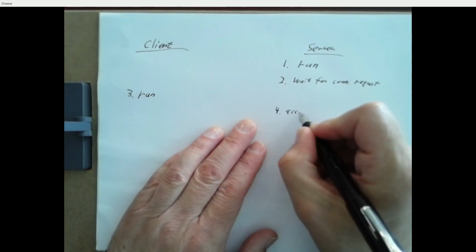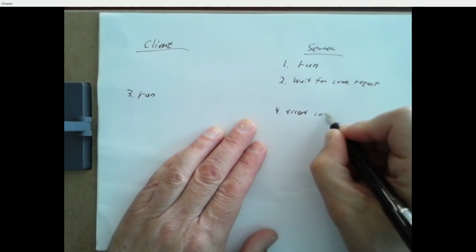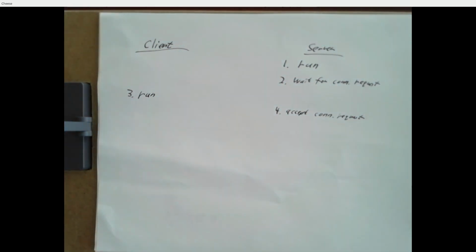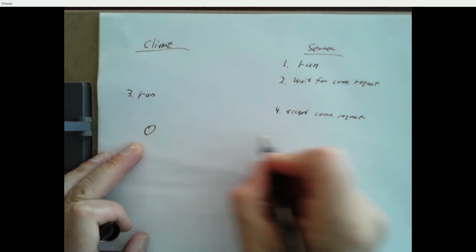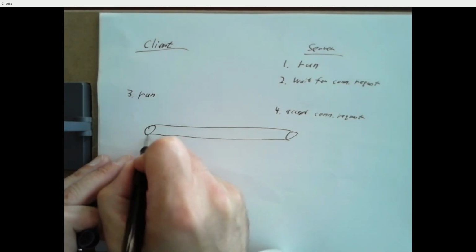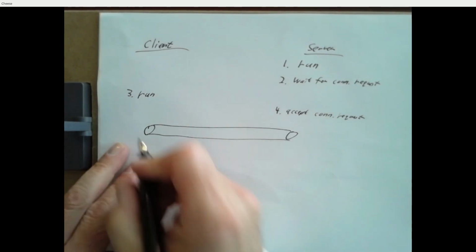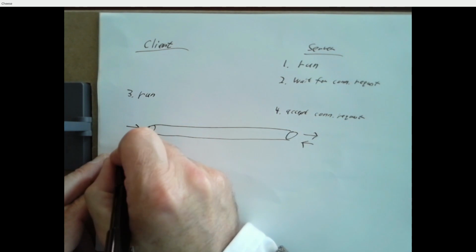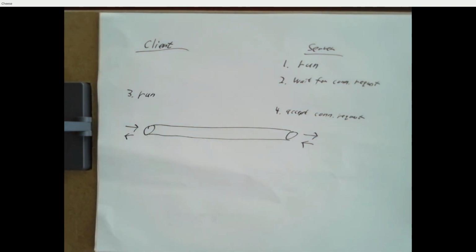Step 4, the server will accept the connection request. And now you've got basically this two-way pipe, and you can send and you can receive on each side.